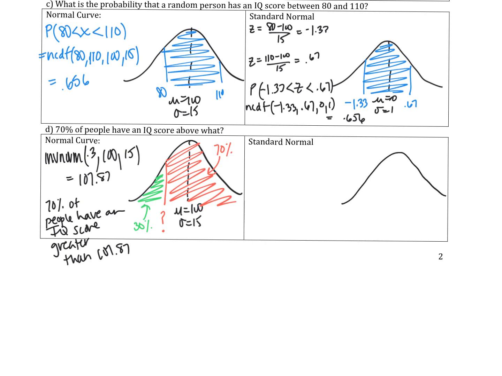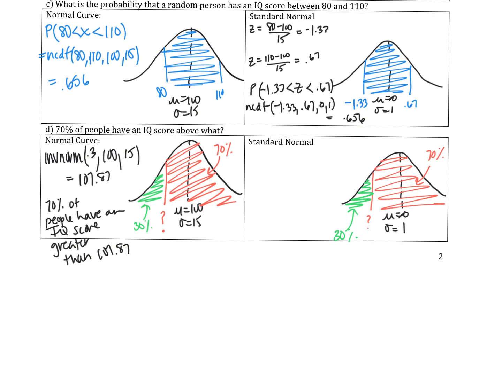Now it's actually a little bit easier to use inverse norm with the standard normal curve. So I've got the standard normal curve here, centered at 0 and 1. And I want to know now the z-score that tells me the upper 70%. But remember, your calculator only reads left. So if 70% is above the value I want, then that means 30% is below the value that I want.